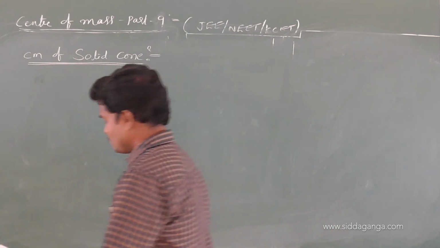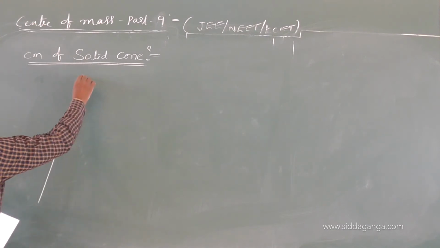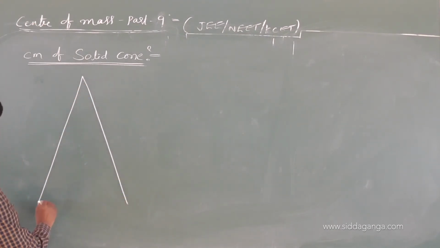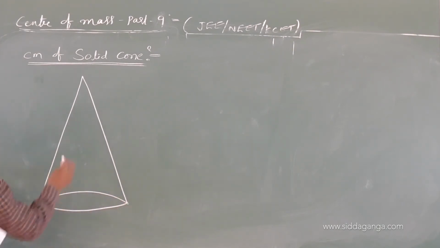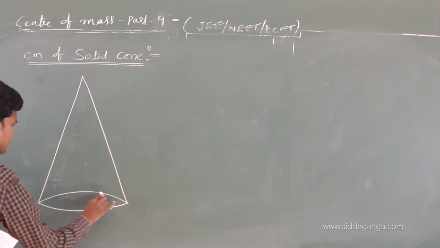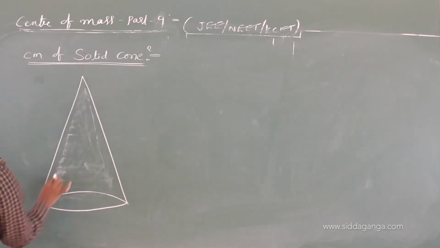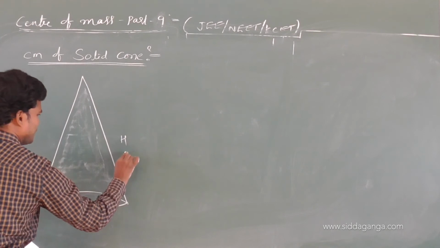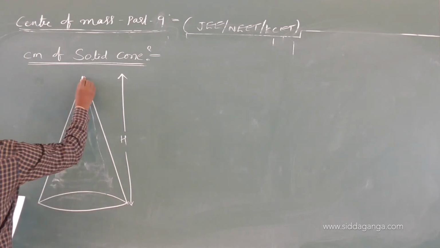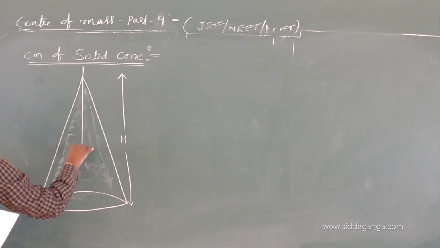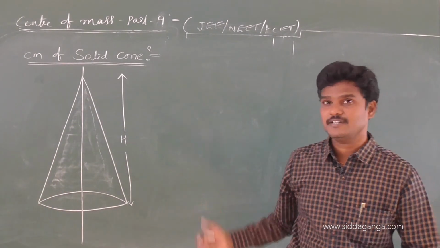Let me draw the solid cone here, whose height is capital H. In the starting classes I wrote the center of mass of the cone as 3h by 4, measured from the top end.